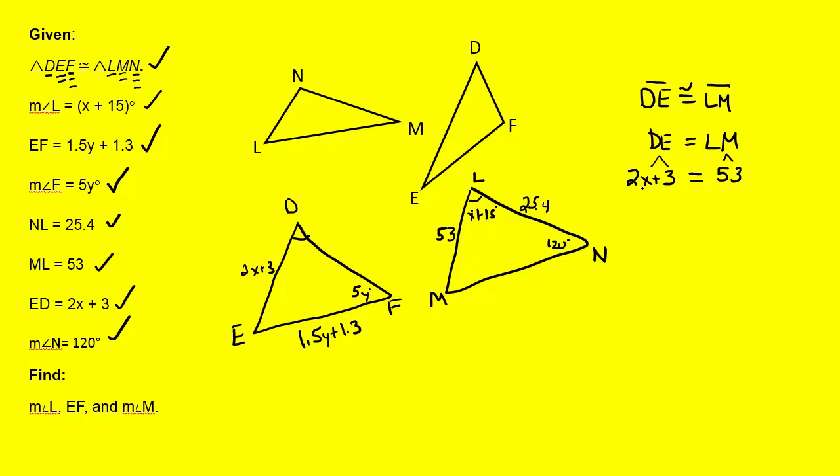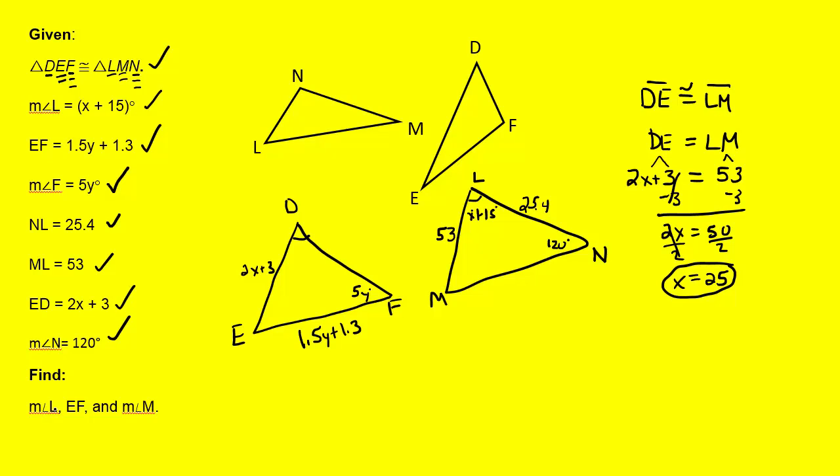So far I can see that 2x plus 3 equals 53. So this becomes just a linear equation that we can solve. I can subtract 3 from both sides. We get 2x equals 50, and then I can solve for x by dividing both sides by 2. So we get x equals 25.